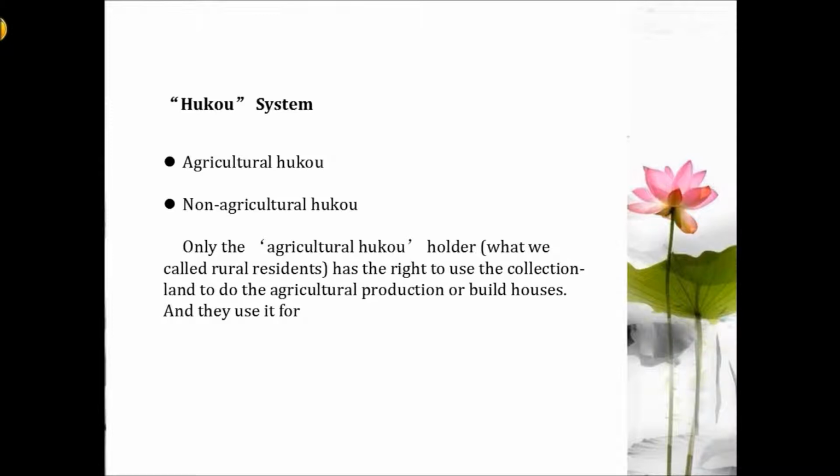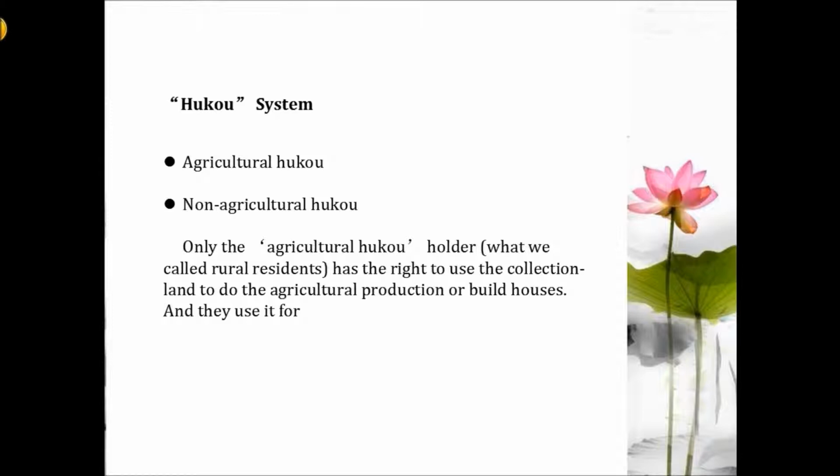Only the agricultural hukou holders, whom we call rural residents, have the right to use the collective land to do agricultural production or build houses, and they use it for free.